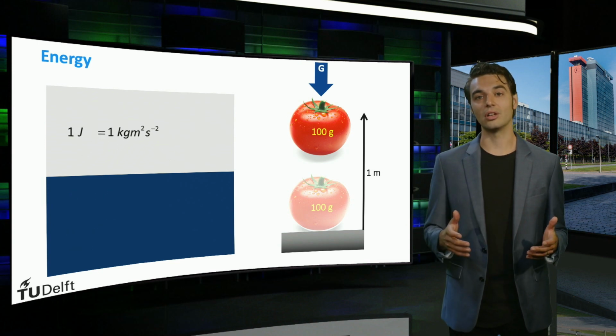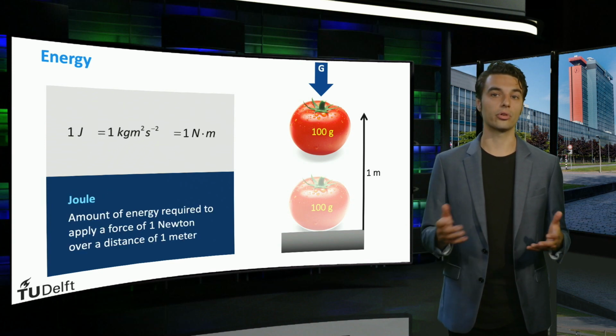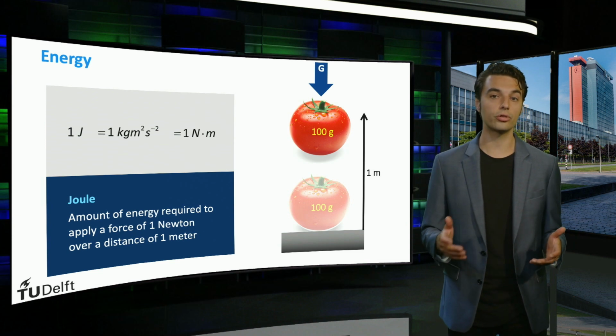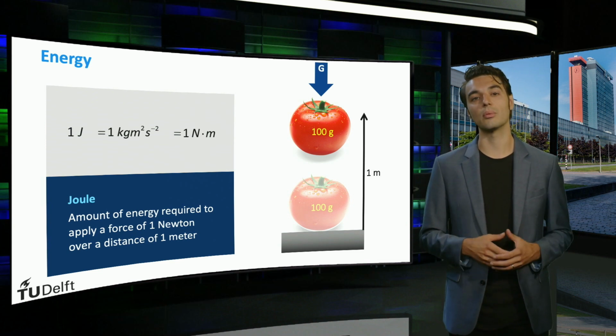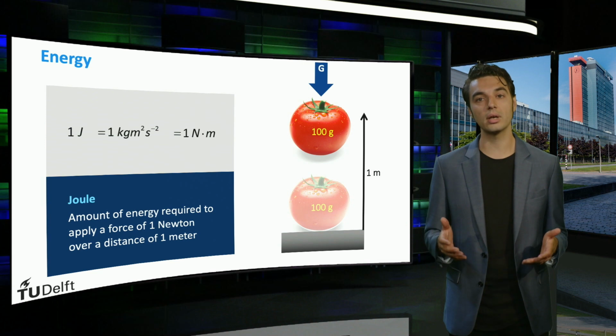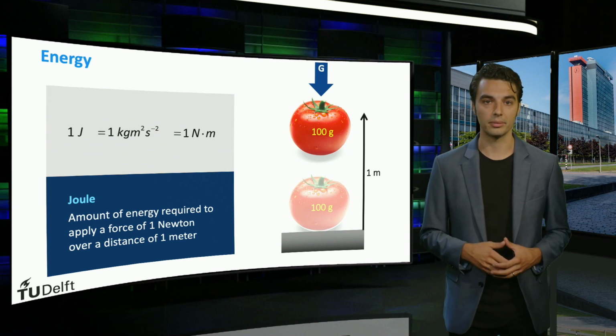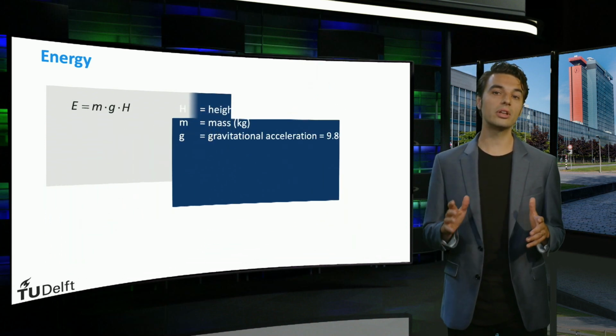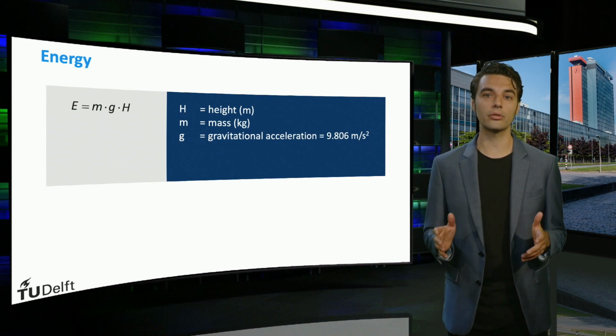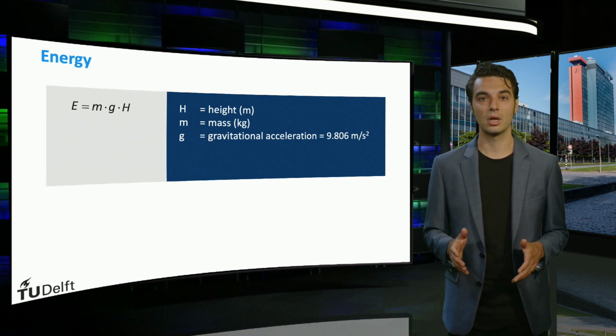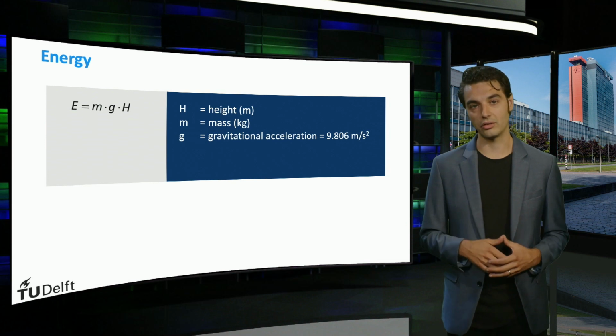Since energy is equal to a force applied over a certain distance, 1 joule can also be defined as the amount of energy required to apply a force of 1 newton over a distance of 1 meter. We just defined energy as the ability to exert a force over a certain distance, but that is not the only definition of energy.